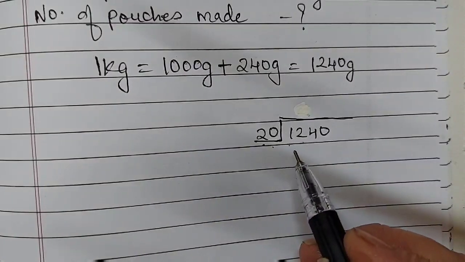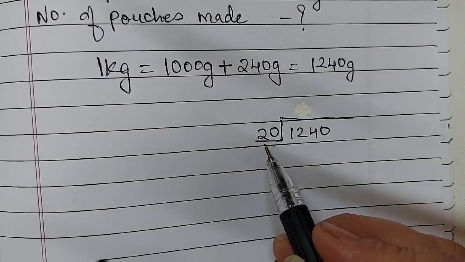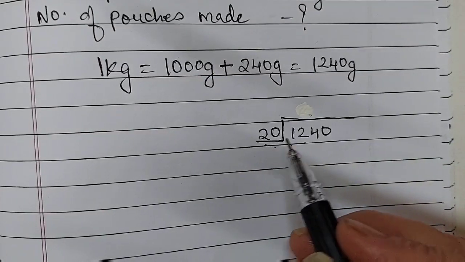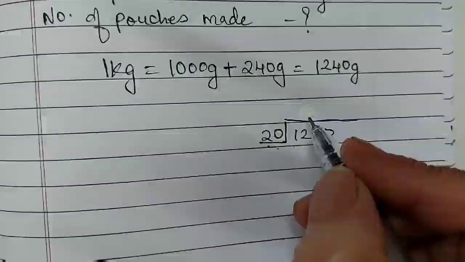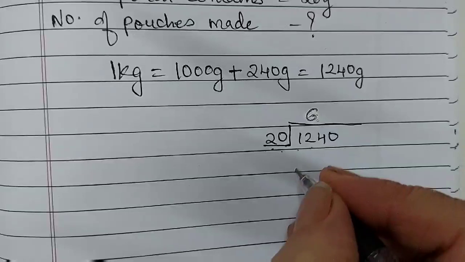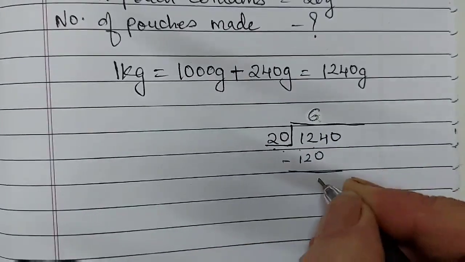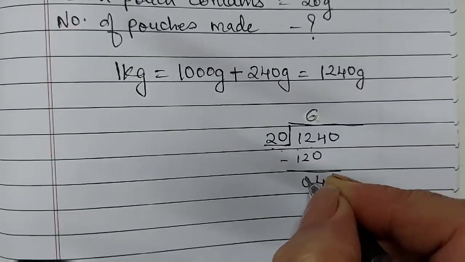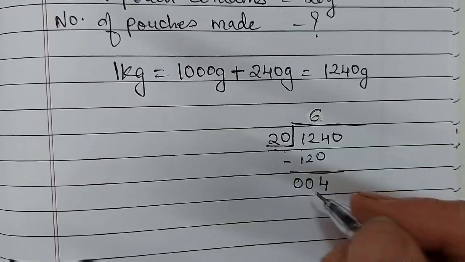We divide 1240 by 20, so we say the table of 2 and add a 0 to the answer. 2 sixes are 12, so 26 is 120. Subtract, you get 4. This will be 0 and this will also be 0. 2 minus 2 is 0. 1 minus 1 is 0.